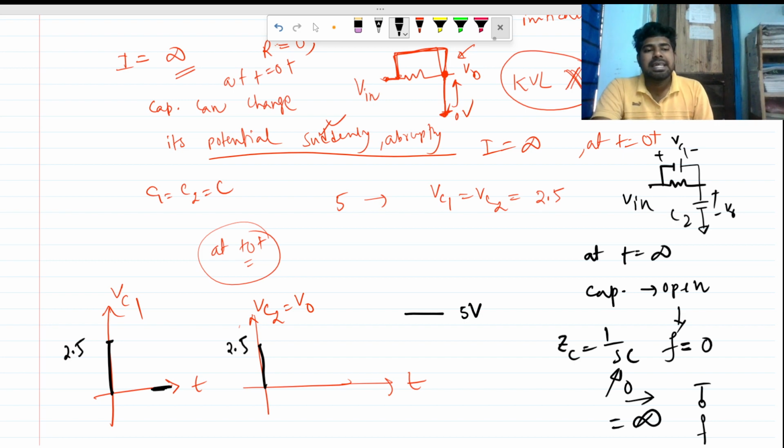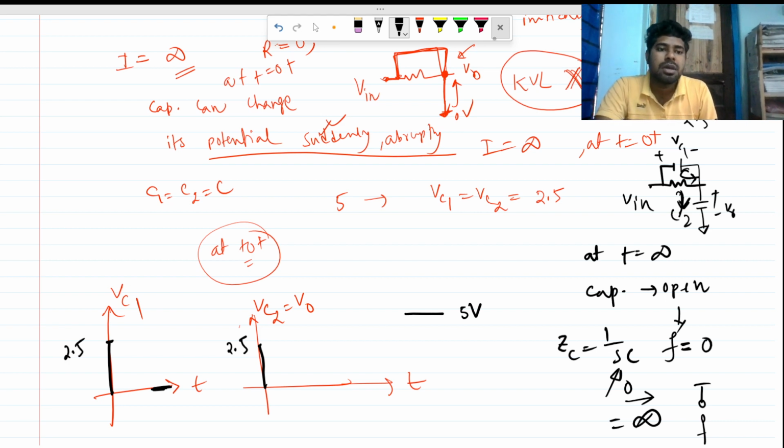So basically at t equals 0, both of the capacitors are charged to 2.5 volt and after t equals 0 plus, this capacitor is discharging through this way and this capacitor is charging more. Okay. This C1 capacitor is discharging through the resistance and this C2 capacitor is charging from 2.5 up to 5 volt.